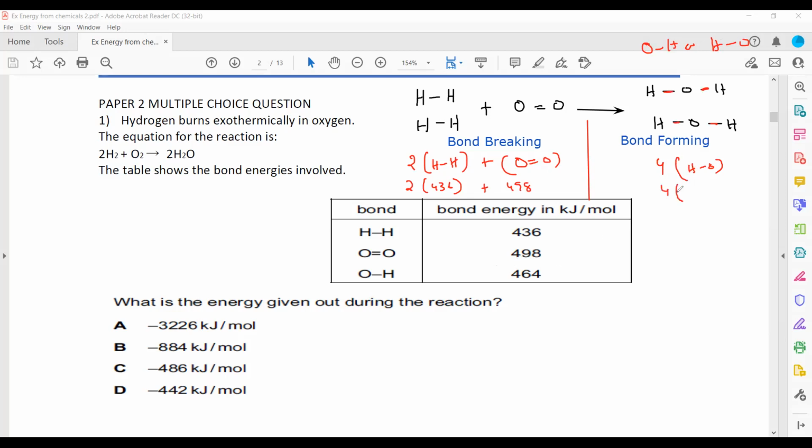So it will be 4 multiplied by 464. When we solve the bond breaking energy, 436 times 2 is 872, plus 498.